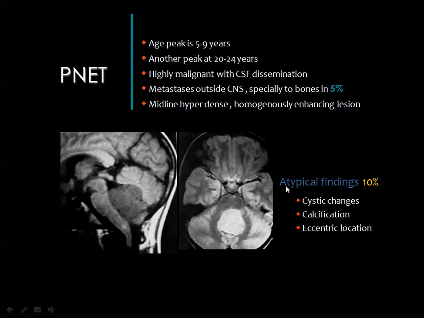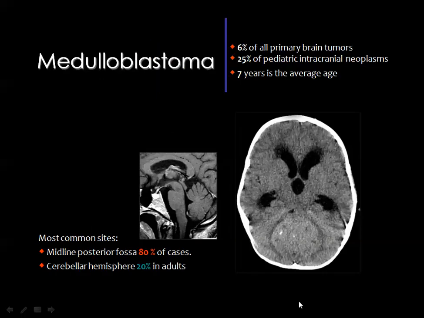And medulloblastoma is one of these primitive neuroectodermal tumors. They represent about 25% of the pediatric intracranial neoplasms, and the average age of incidence is about 7 years old. You know that medulloblastoma arises from the roof of the fourth ventricle and in this particular area. So it can grow inside the ventricle and also has a component within the cerebellar parenchyma.